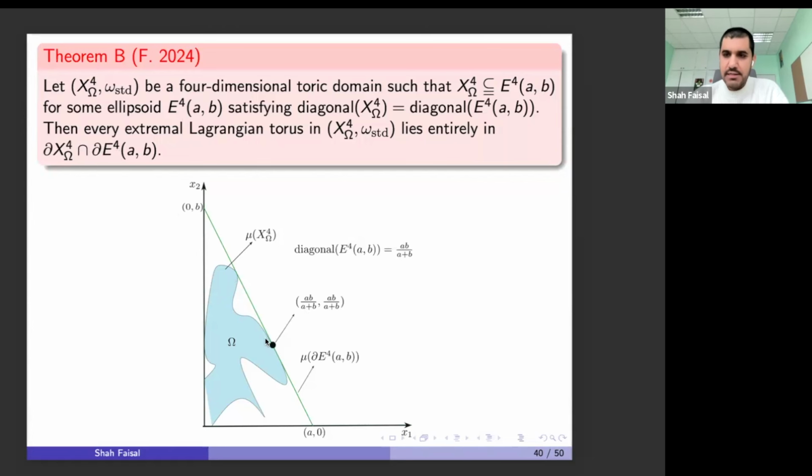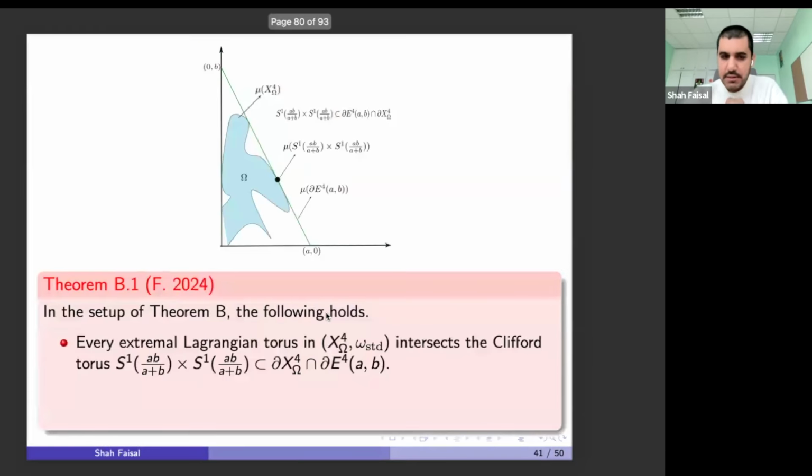Actually, all extremal tori will lie in the component of the intersection which contains this Kleppert torus. This is due to the following theorem. Every extremal Lagrangian torus intersects the Kleppert torus that corresponds to the diagonal point. And therefore, it must lie in this component.